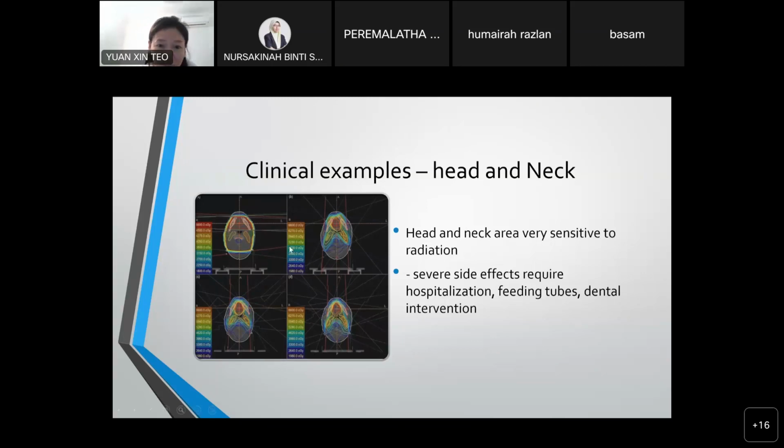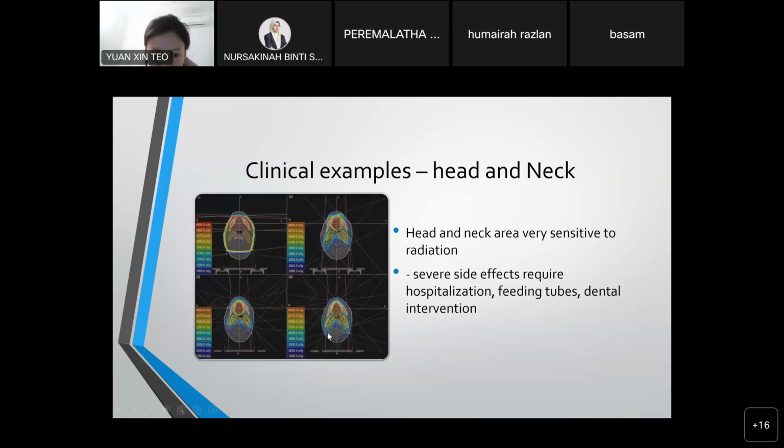Okay, let's say from the left, this picture is using a normal 3D opposed lateral view only. You will see the spinal cord, the mandible, and the oral cavity receive almost 100% dose if you are using this opposed lateral view. While using IMRT, as you see from pictures B, C, D, the increasing number of beams will reduce the dose to the OAR.